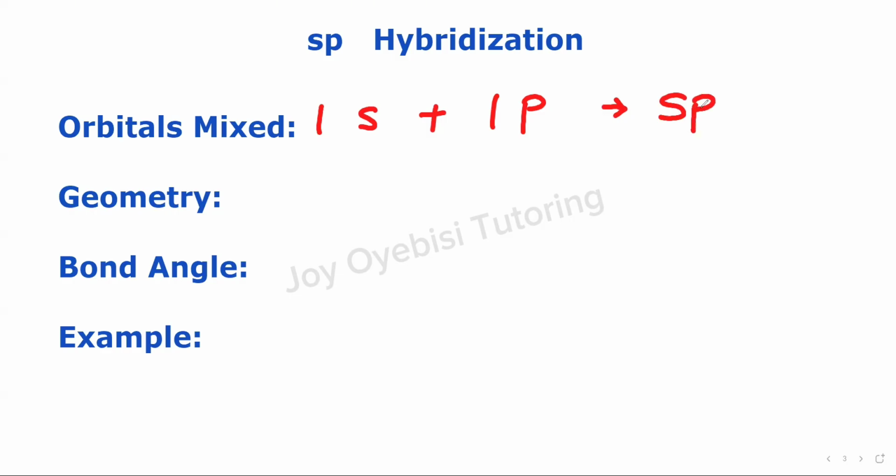The geometry, so geometry is simply known as shape, okay? The shape of molecules that have sp hybridization will usually be linear. And the bond angle for linear molecules is 180 degrees.